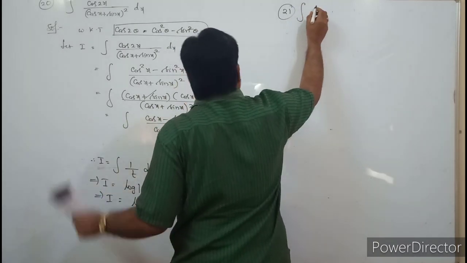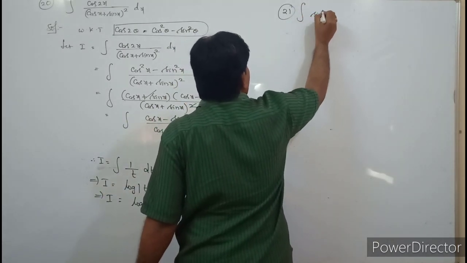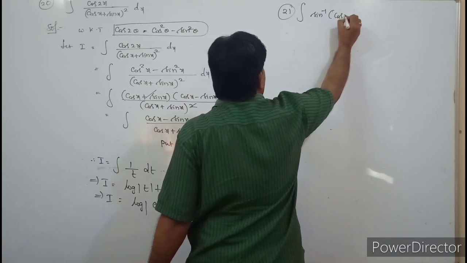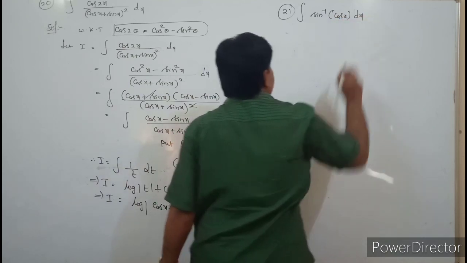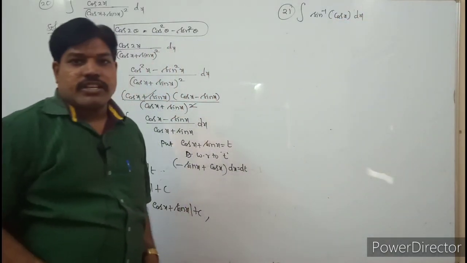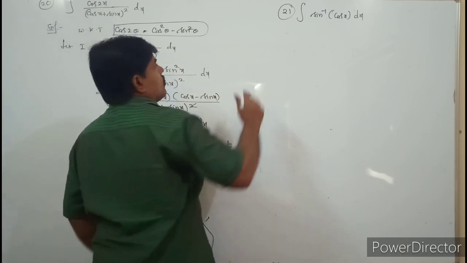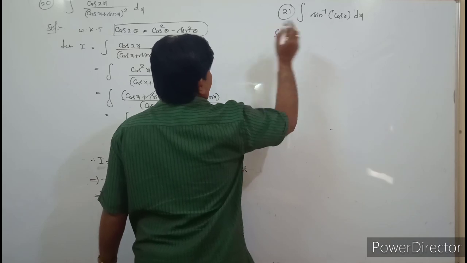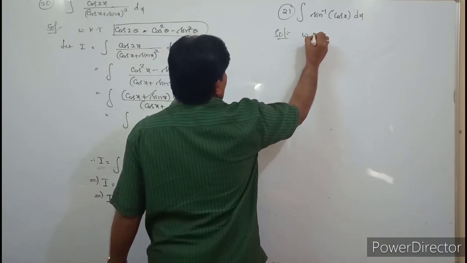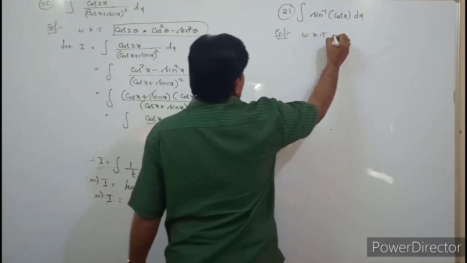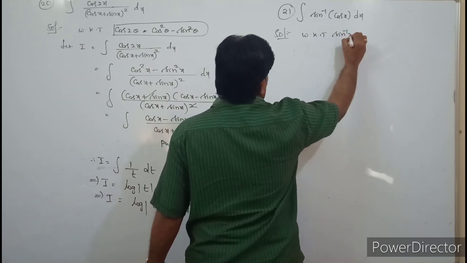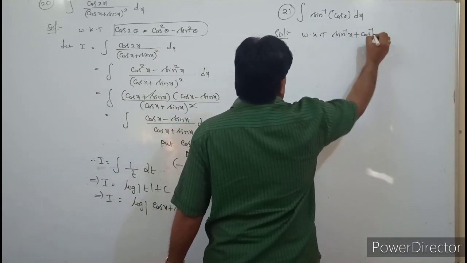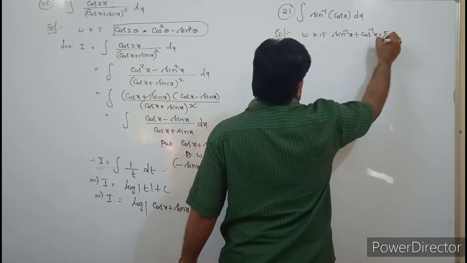Integral of sin inverse of cos x into dx. Here we will use a formula in inverse trigonometry. What is that? We know that sin inverse x plus cos inverse x is equal to pi by 2.